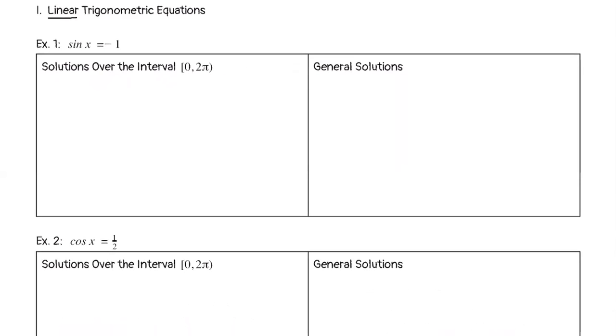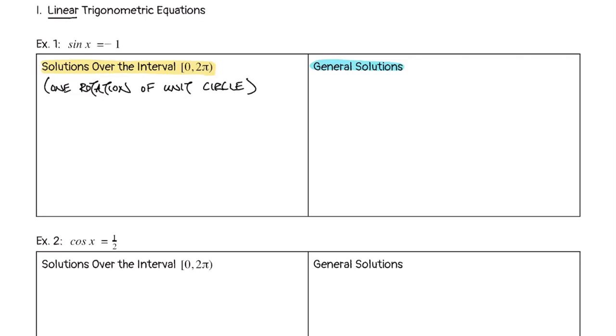And you'll notice that there's the side for general solutions, and then there's also the side for solutions over the interval, okay? And so what we're doing here is we're really trying to say, let's find all the solutions that are one time around the unit circle. So that would be this first one, only one rotation of the unit circle.